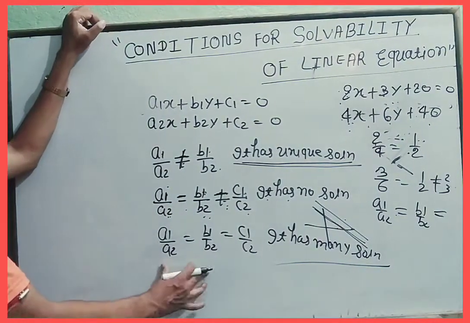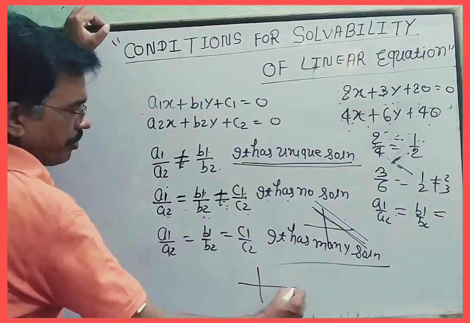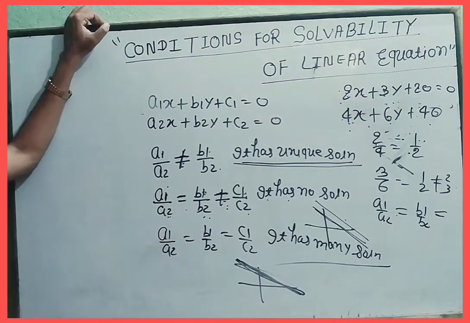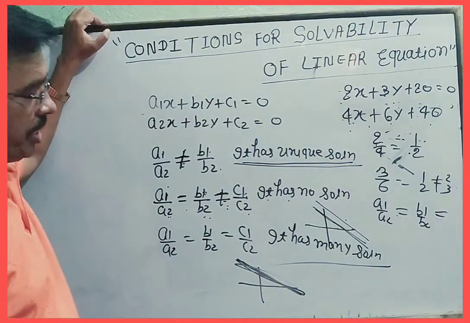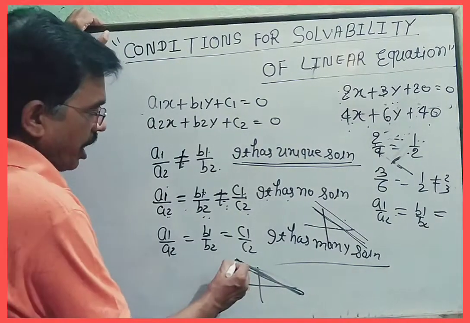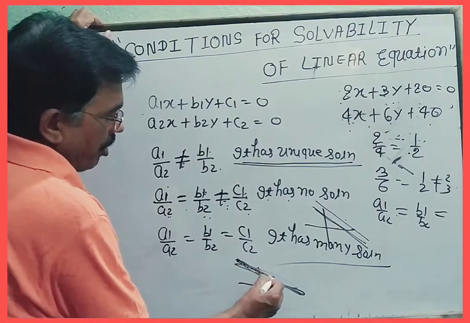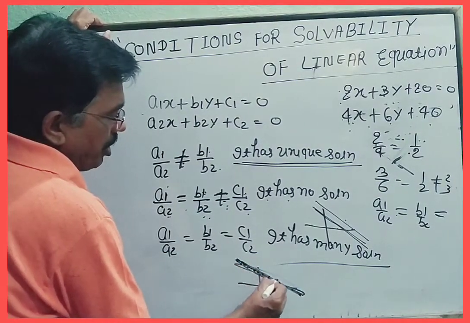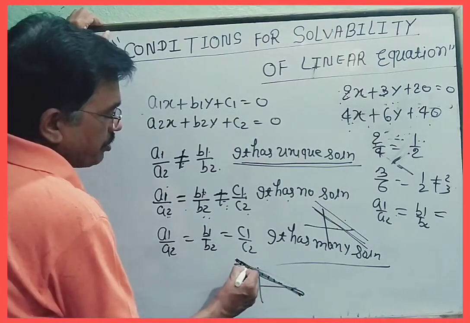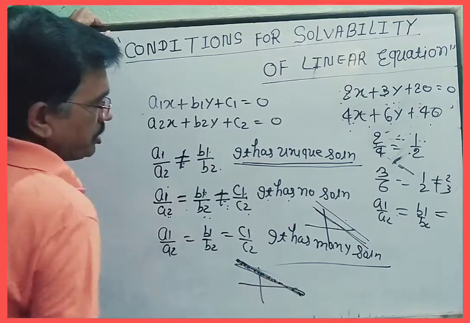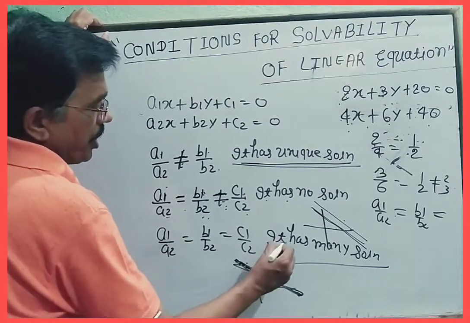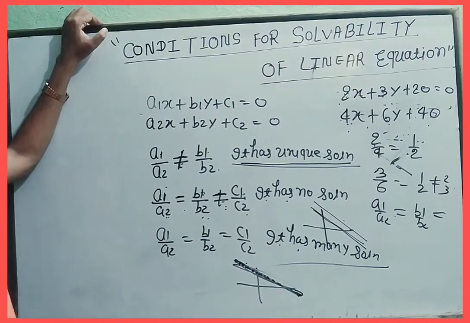When you draw the graph of this condition, both lines overlap each other and lie on the same line. That means each point is a solution, each point is a zero of the equation. There are infinite points on this line, so we say it has many solutions.